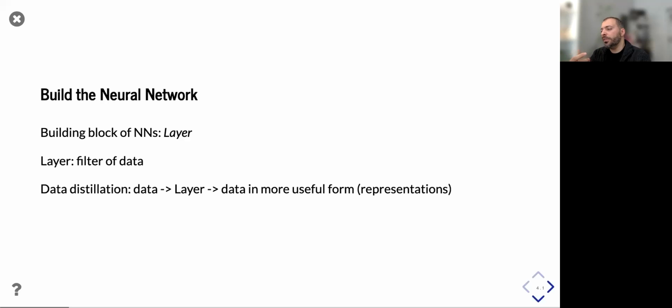And we hope that internally there is a transformation that outputs a new representation that is closer to the final goal. So a layer is just a filter of data. Imagine it as something that takes data, filters the information we need, and outputs something new.